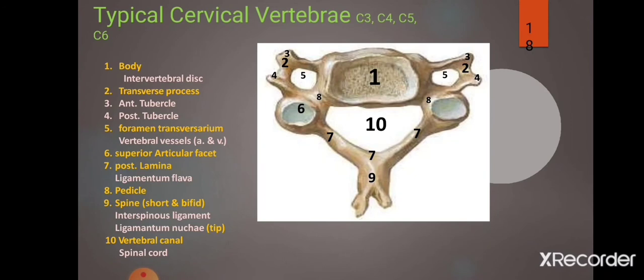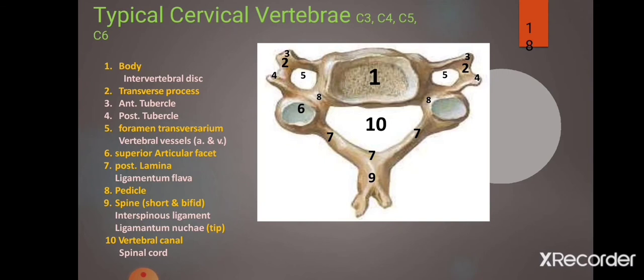Now we come to typical cervical vertebrae. This is a summary of the identifying features of a typical cervical vertebra. All the highlights are numbered here. For example, number 1 is the body, which has the intervertebral disc.